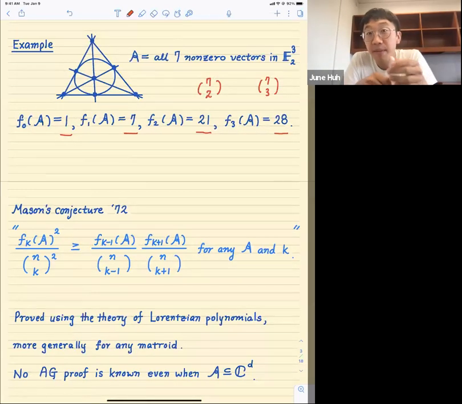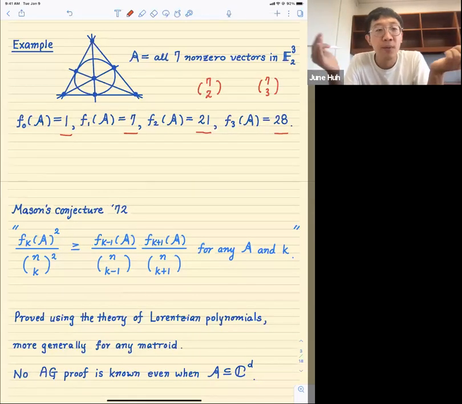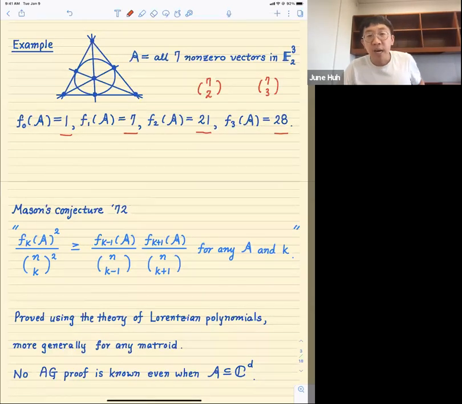And by the end of the talk, you will hopefully agree that the proof that I'm going to show you soon is clearly motivated by algebraic geometry considerations. But logically speaking, we still, at least I and people I know, do not yet know an algebraic geometry proof, even when your vector configuration lives over some familiar and easy field like the field of complex numbers.